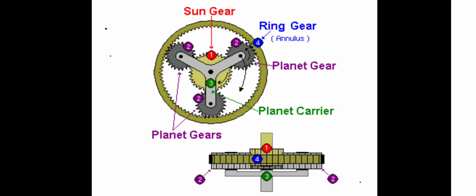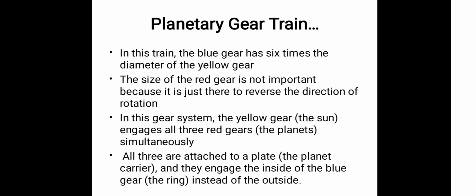While the sun gear rotates, the planetary gears also rotate. The ring gear is normally fixed. So what happens? The planet gears rotate themselves as well as revolve inside the ring gear, so the carrier automatically rotates. From the center of the carrier we can mount the output shaft, so we get the output motion. This is called planetary gears.